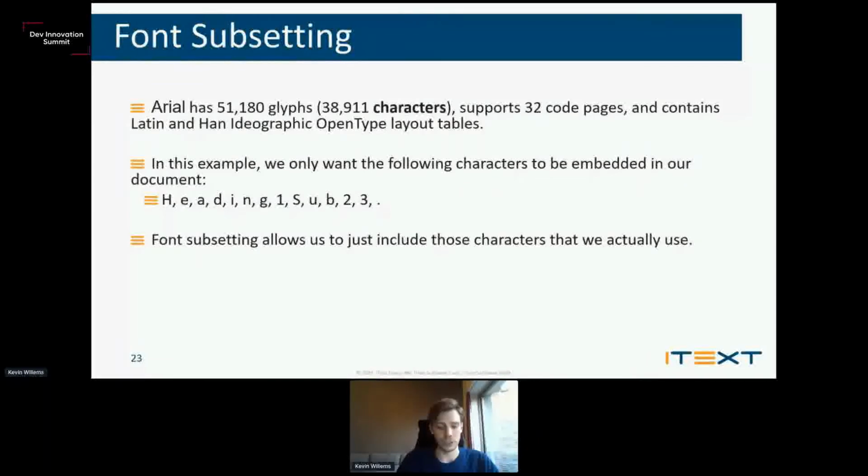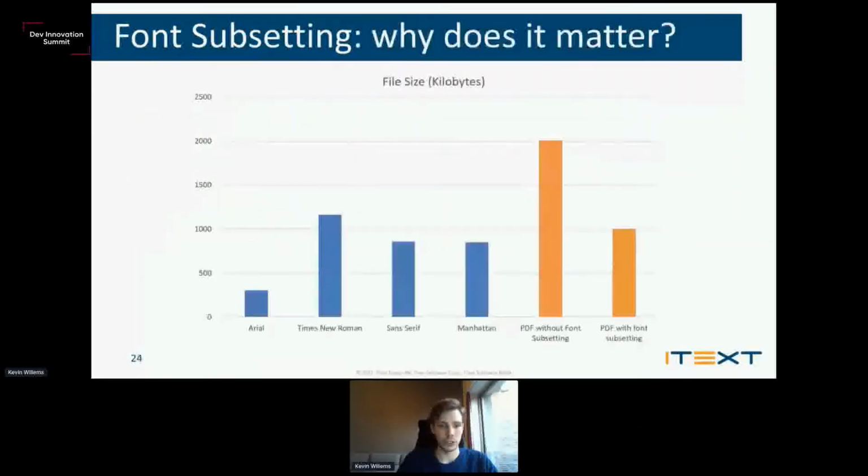But if you take a look at the average PDF file, we can still see a very large reduction in size when we apply this font subsetting. Most of the time this is because multiple fonts are used within PDF documents, right? So just running this font subsetting sequence usually optimizes more than just one font.